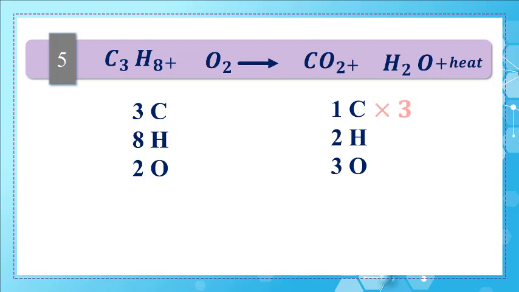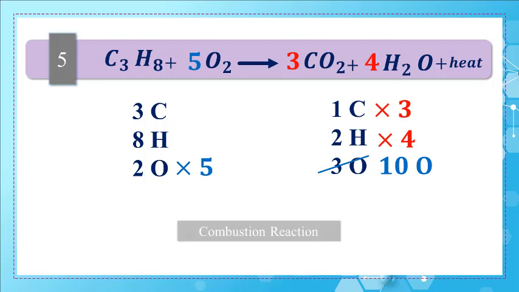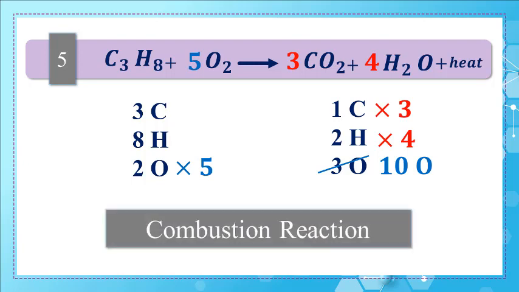To balance the number of carbon atoms, multiply CO2 by 3. To balance the number of hydrogen atoms, multiply H2O by 4. To balance the number of oxygen atoms, multiply O2 by 5. The type of this reaction is combustion reaction.